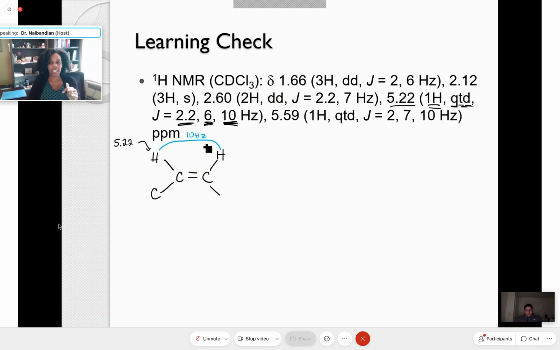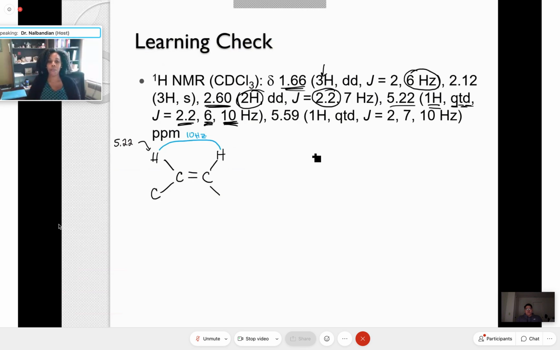Where did we see 6 before? We saw 6 here with 3 hydrogens. Where did we see 2.2 before? We saw 2.2 with 2 hydrogens. So those J values have to go with 1.66 and 2.60. We're seeing it from the other side. Remember, we said we were seeing it from one direction, and then we look at it from the perspective of the other thing. Now we're seeing 6 and 2.2 hertz from the perspective of the 3 hydrogens and the 2 hydrogens of those other peaks.